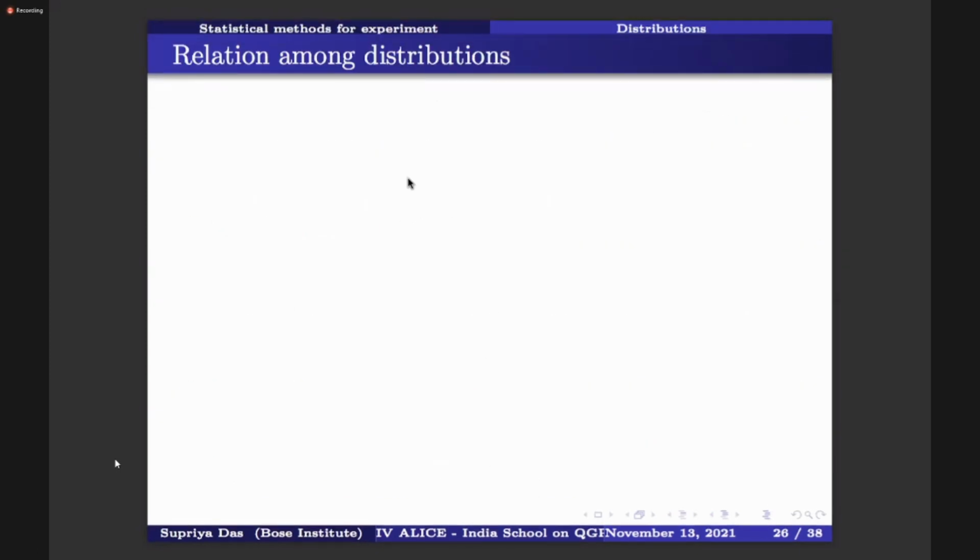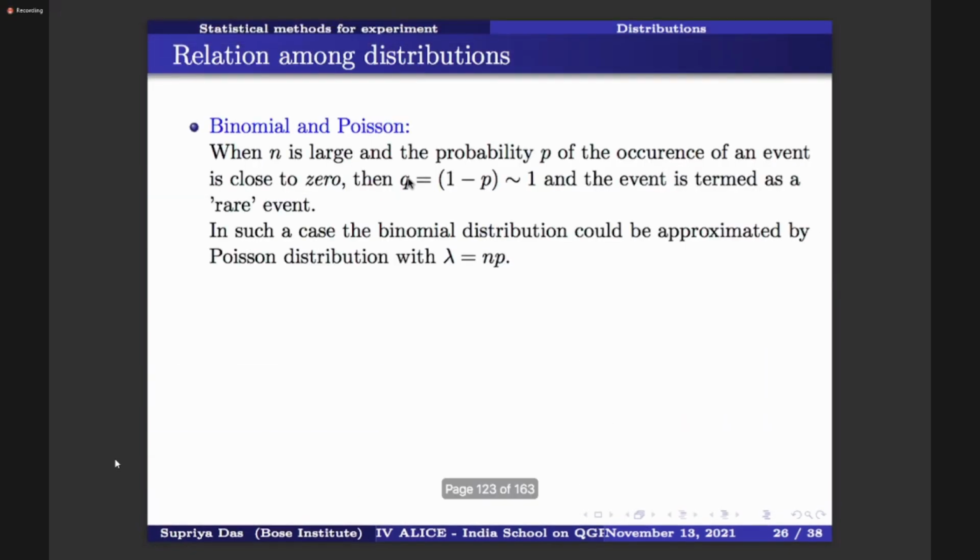We discussed three distributions, and there are relations among the distributions. Let's see the relation between binomial and Poisson. When n is large and the probability p of the occurrence of an event is close to 0, then q, which is 1 minus p, is close to 1, and the event is termed a rare event because you do not very often get success.